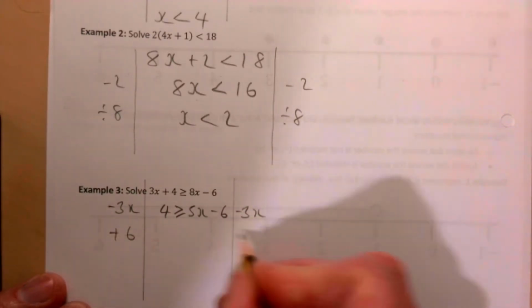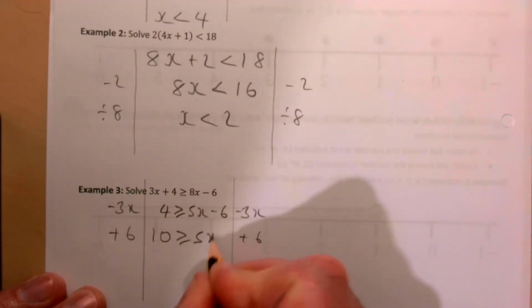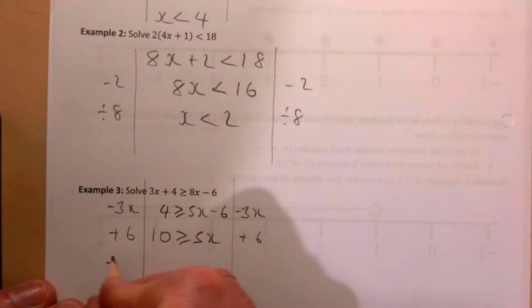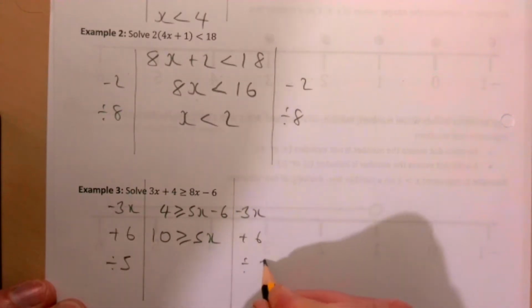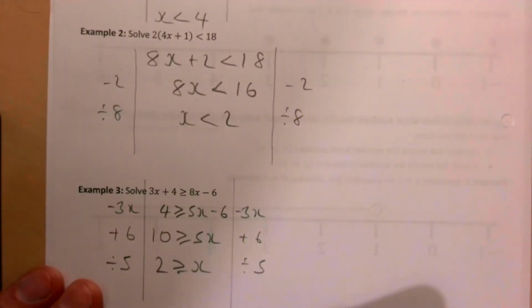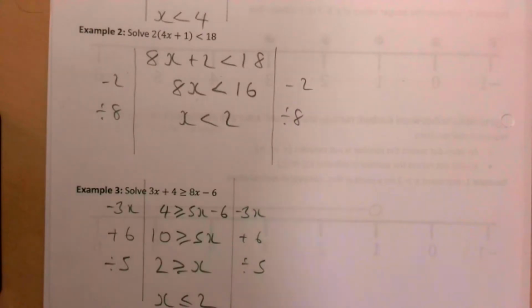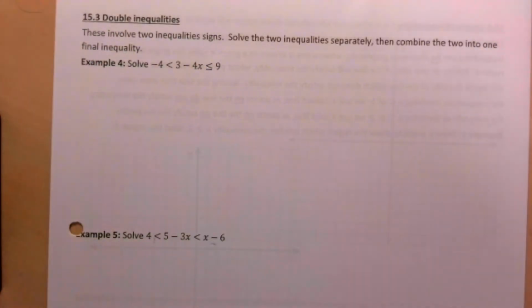Add 6 to both sides. 10 greater than or equal to 5x. Divide both sides by 5. 2 greater than or equal to x. And the final line is x less than or equal to 2.